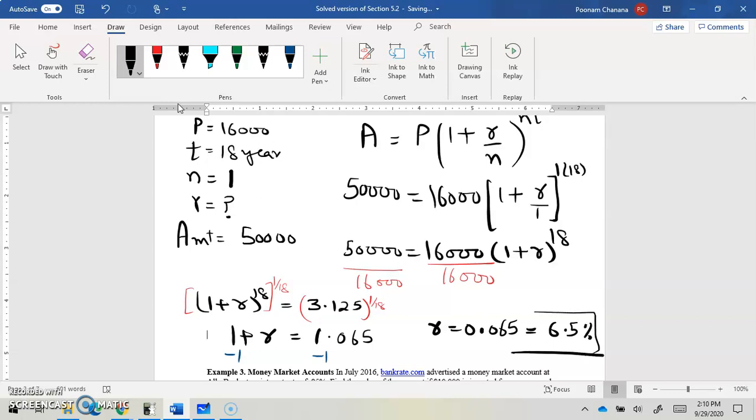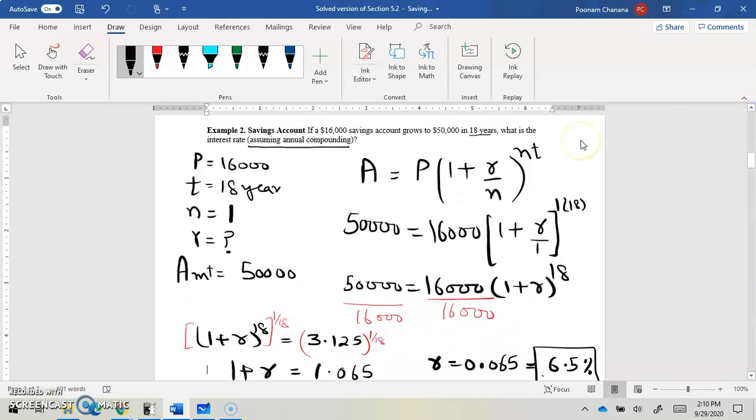So that is the interest rate at which our $16,000 will convert into $50,000 in 18 years with annual compounding interest. Okay. So you have to just read the question, find your knowns which are given, and then see what is unknown and has to be found, and we can use our mathematical equations to do that.